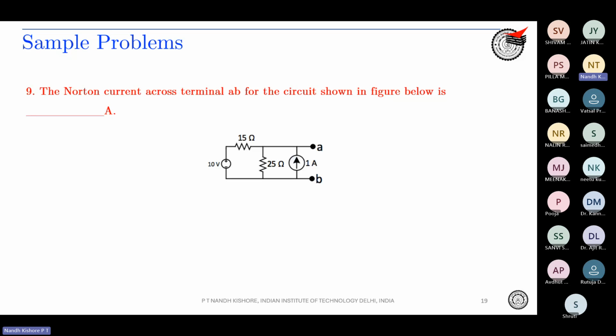This is simple. The Norton current across terminal AB for the circuit shown in the figure is dash ampere. So what is the answer for this question? 1 ampere. No, how can you forget the existence of this?